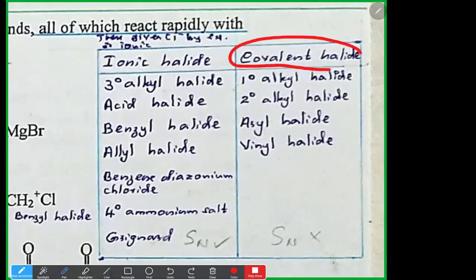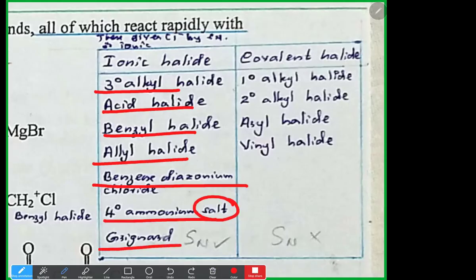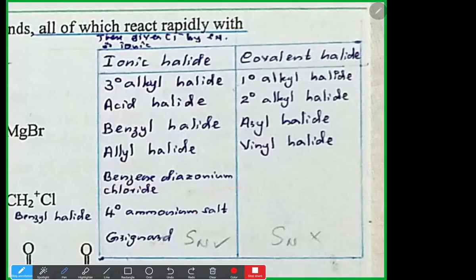But covalent halides are not releasing halogen to the medium. Tertiary, acid halide, benzyl halide, allyl halides, benzene diazonium halides, quaternary ammonium salts if they have chlorine, bromine, iodine. Whenever they have this halogen releasing to the medium, that halogen can make a precipitate. But no SN: primary, secondary, aryl, and vinyl.